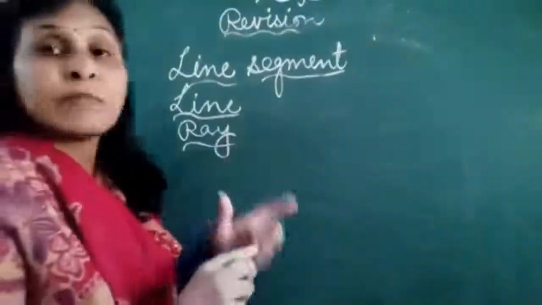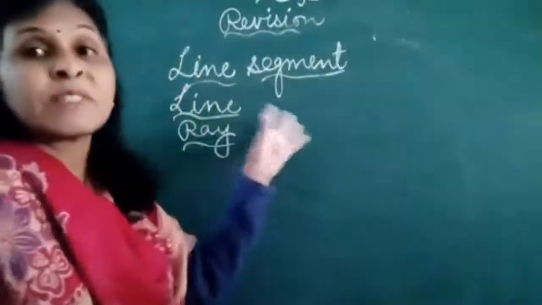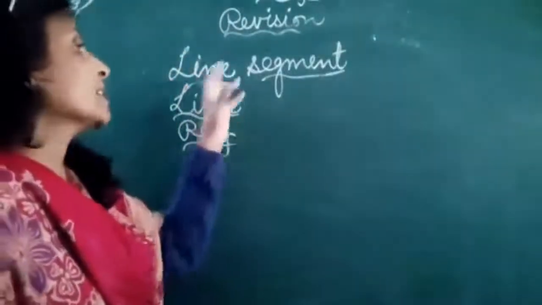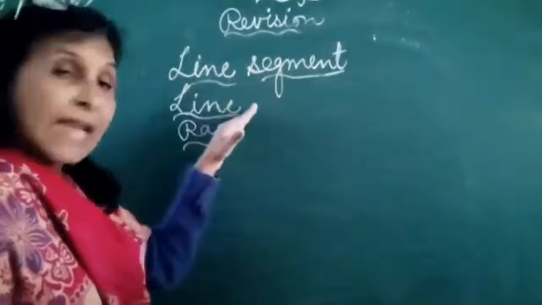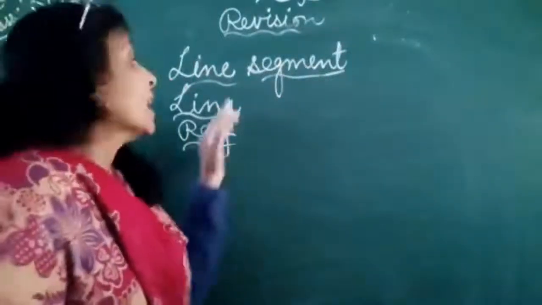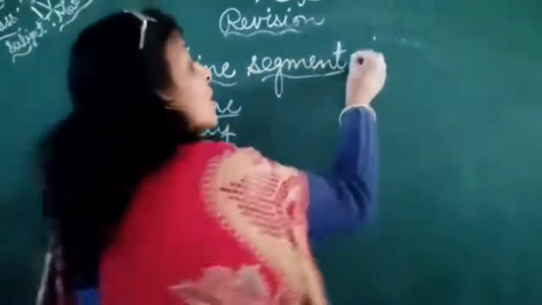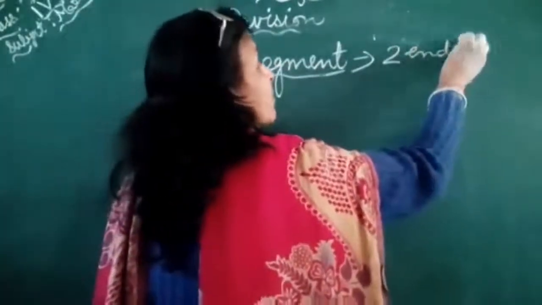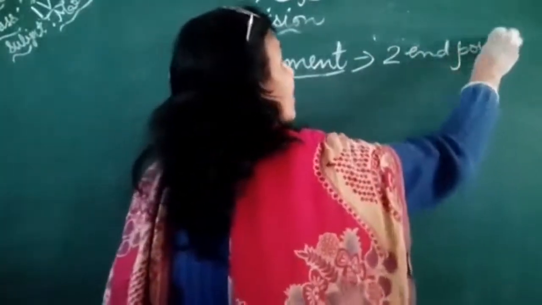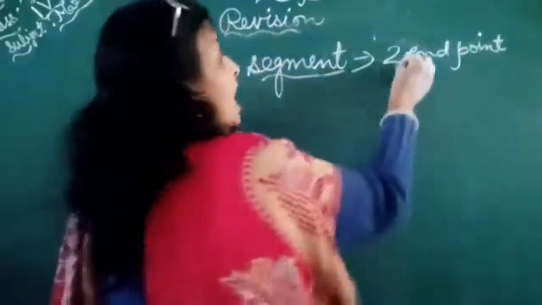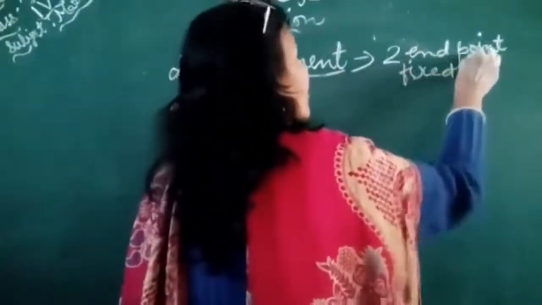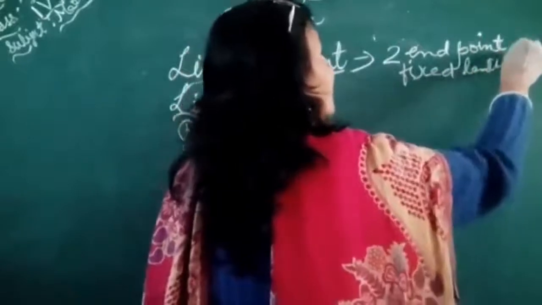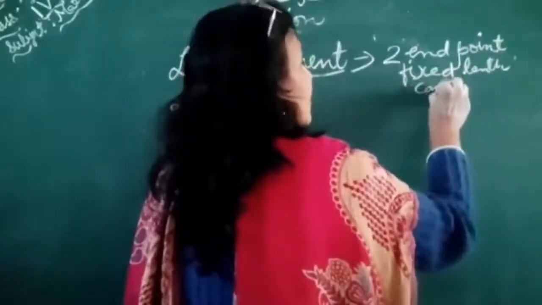Now next comes in geometrical concepts the 3 important points, that is the line segment, line and ray. In line segment, it has 2 end points. It has a fixed length and it can be measured.